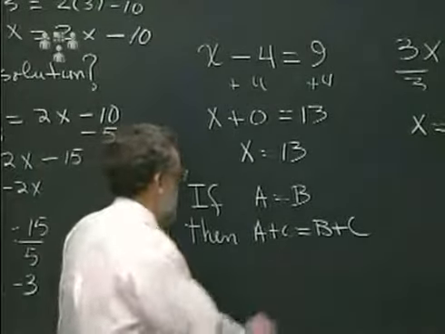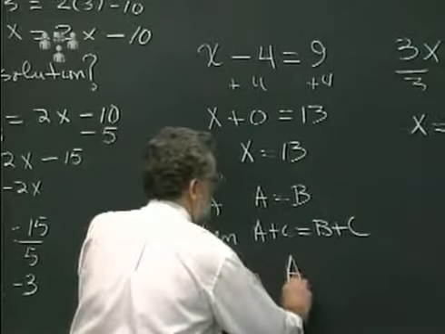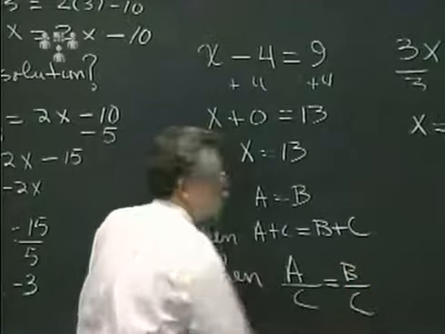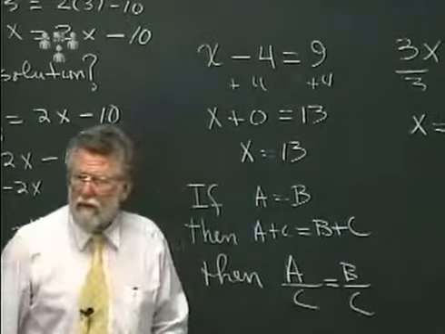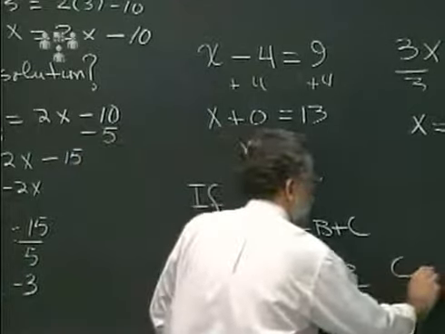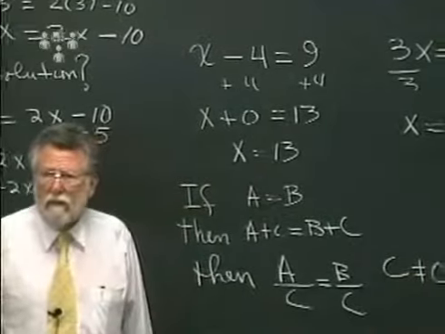In the same way, we can say that if you divide both sides by C, you'll still have equality with one little restriction: you can't divide by 0. C not equal to 0. That's my restriction.